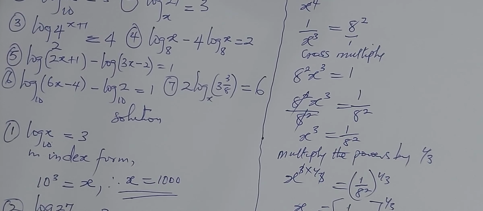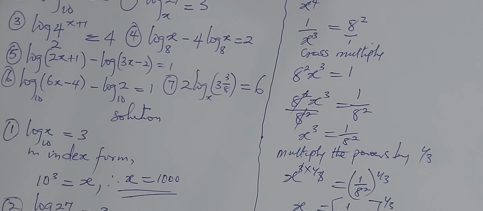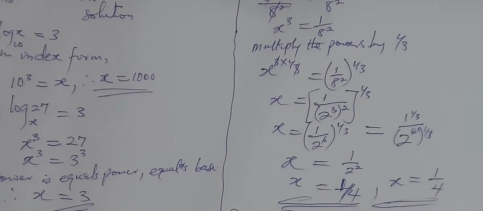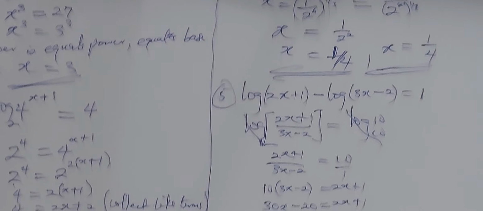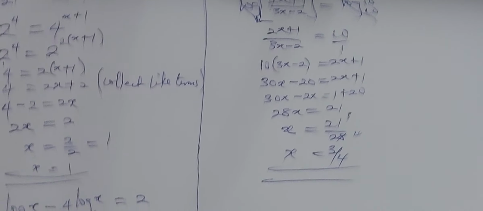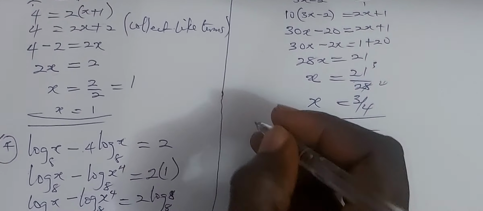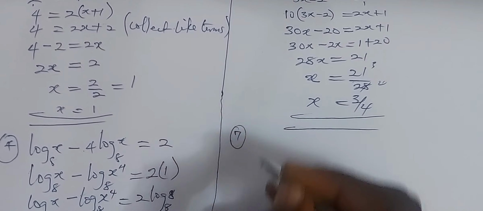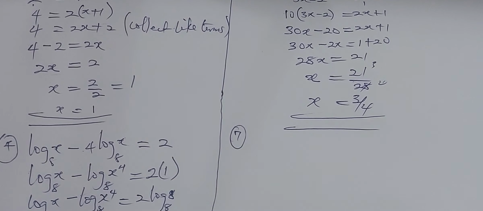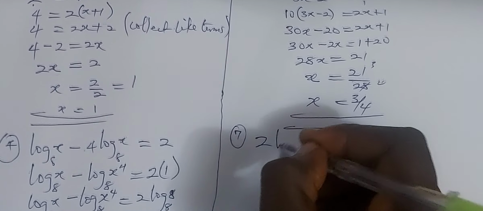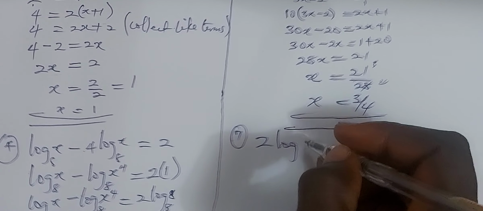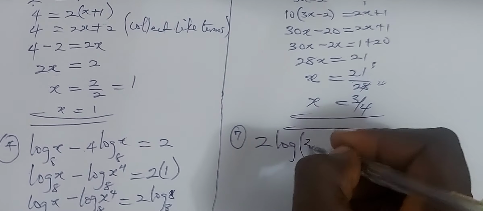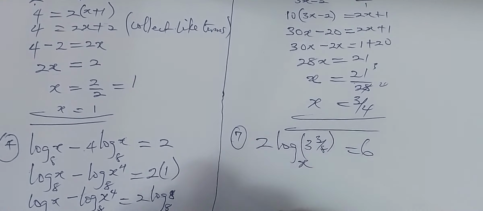I will do the last one, number 7, and leave number 6 for you to do. So number 7, we have 2 log 3 whole number 3 over 8, all to base x is equals to 6.